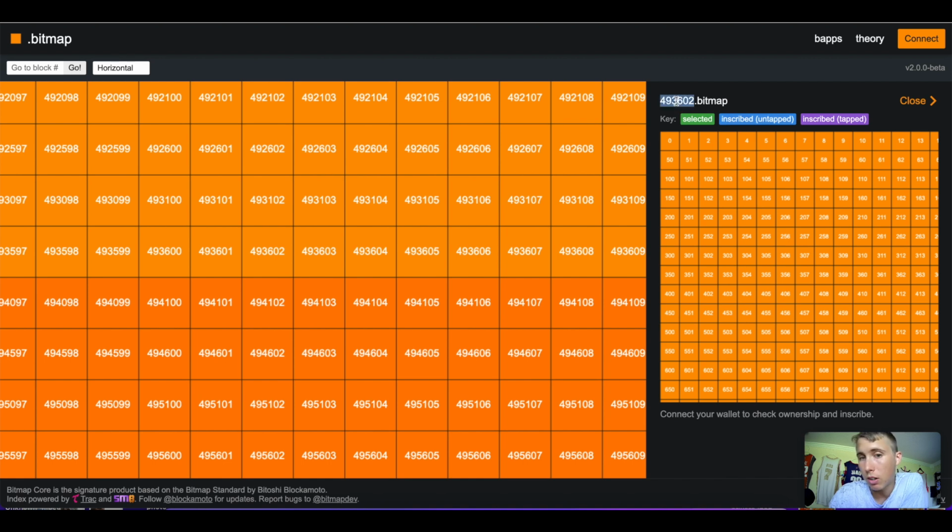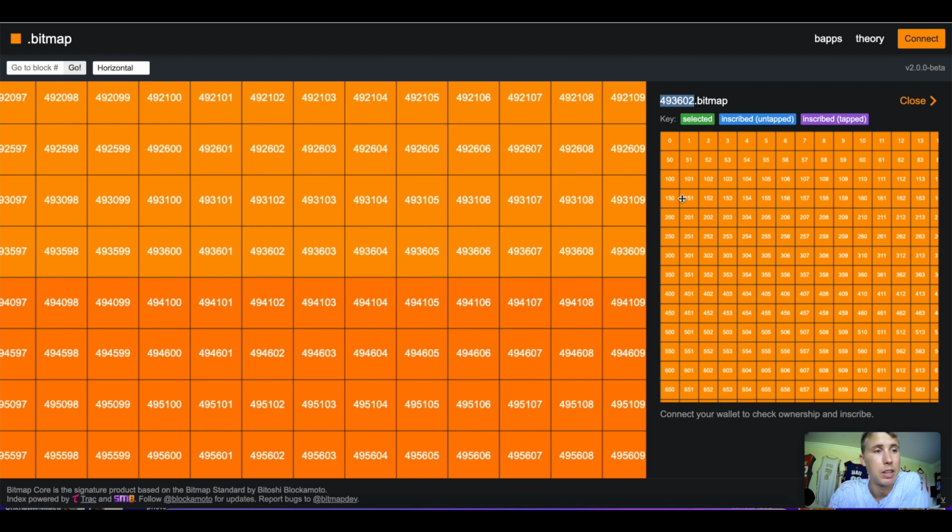Once these are inscribed, let's say for example I do number 1, it'll be 1.493602.bitmap. So instead of just 493602.bitmap, it's going to be 1 dot because I'm inscribing the first one. So if I received this one plot from this bitmap owner, I would just be the owner on top of that bitmap.